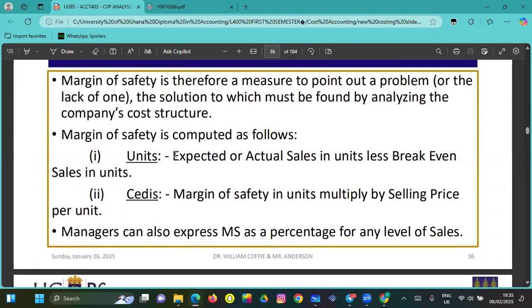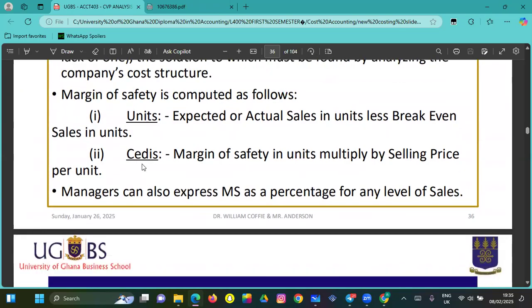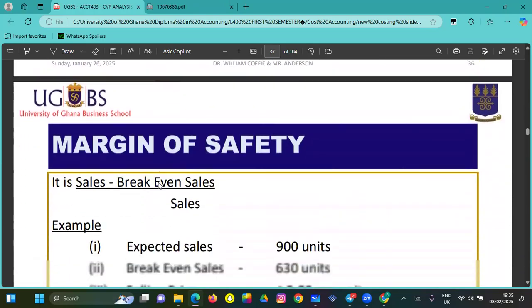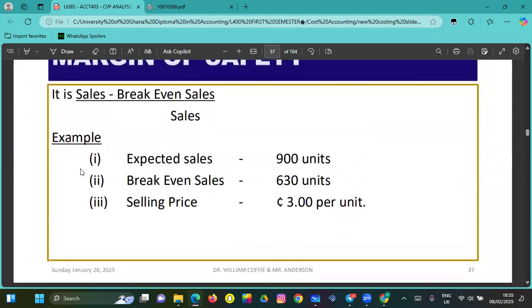So the margin of safety in value is the margin of safety in units multiplied by the selling price. That's what I've talked about.